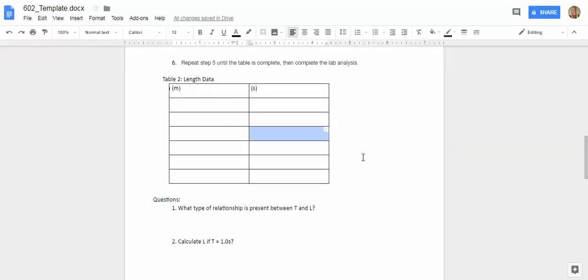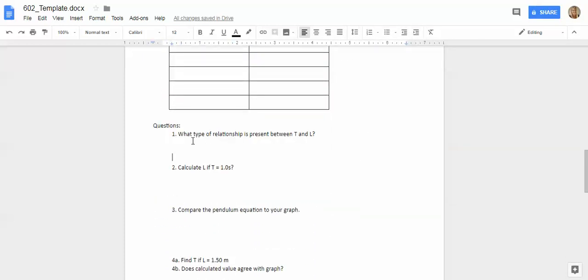Once you've made your graph, what I want you to be able to tell us is what kind of relationship is present. Is the data showing a linear relationship, hyperbolic, parabolic? Use your graph to help you describe this. Next up for question number 2, we're calculating L if t equals 1 second.